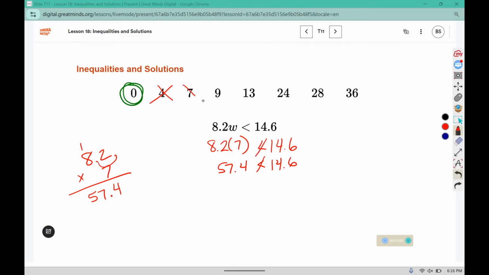No. As we continue to replace w with values that are larger and larger, we're going to continue to make this side of the inequality greater and greater. And we don't want this to get any bigger because it needs to be smaller than 14.6. So the only one that makes this inequality true in this list is 0.